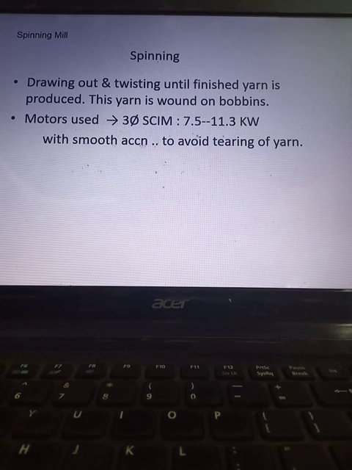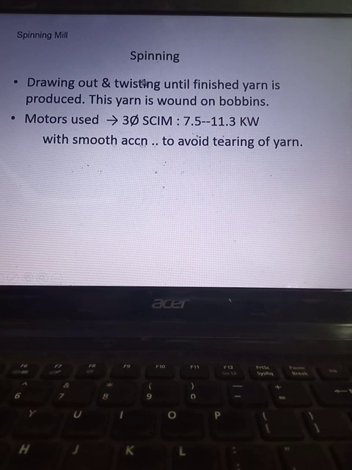To make it strong, we draw it thin, twist it, put 2 or 3 or multiple slivers together, again twist. That process is continued. When the yarn is finally produced, it is wound on bobbins and stored. The yarn, the thread of the required strength, is wound on bobbins and stored.